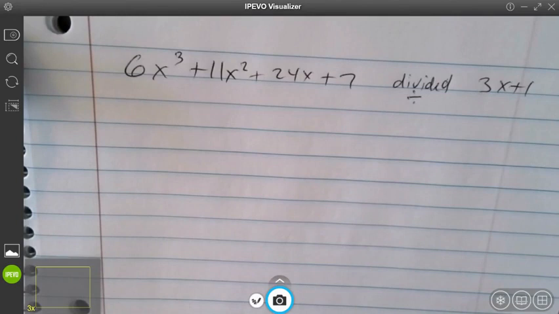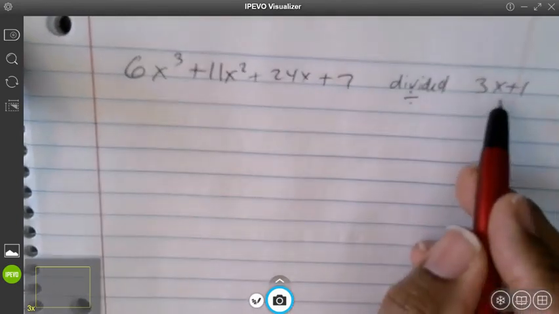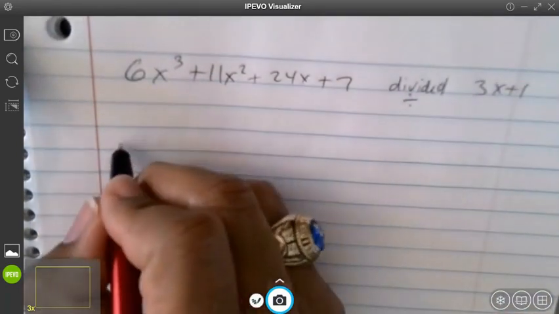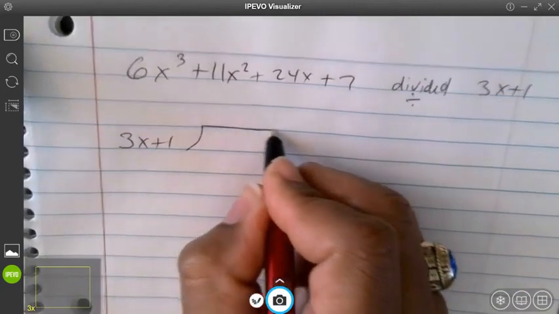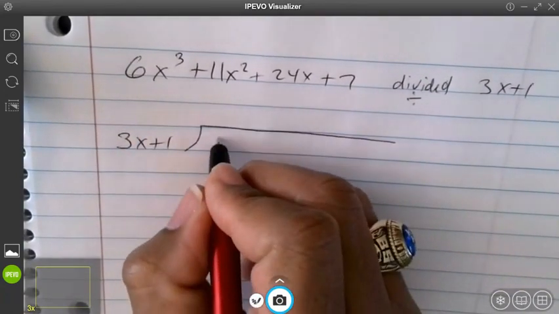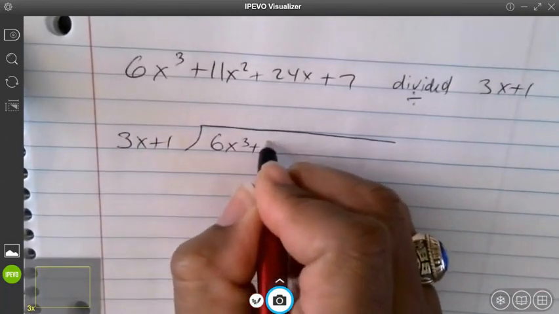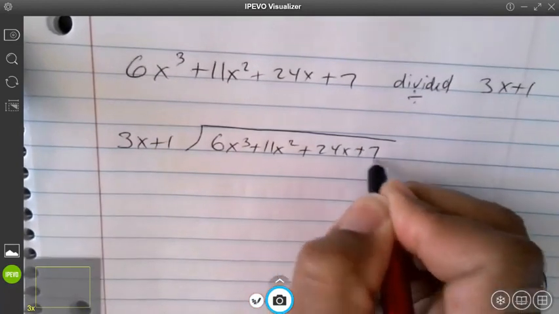Whatever you're dividing by is what goes in front of the division bar, so 3x plus 1 will go in front. Pay attention. We've got a division bar, and under it I'm going to put 6x to the third plus 11x squared plus 24x plus 7.